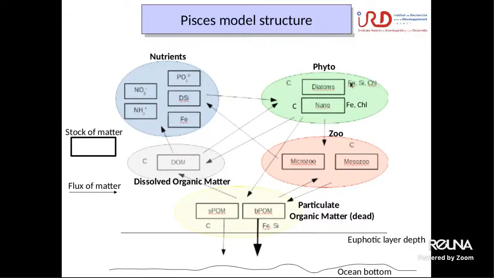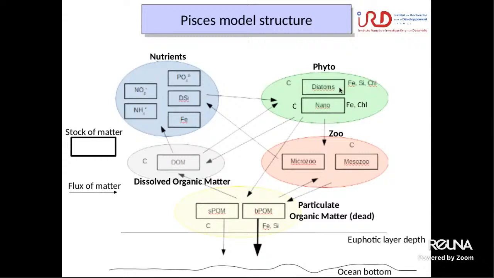As you can see here in the phytoplankton, we have these two boxes. They separate two sizes of phytoplankton: the small ones, called the nanophytoplankton here, and the big ones, which are in fact the diatoms.